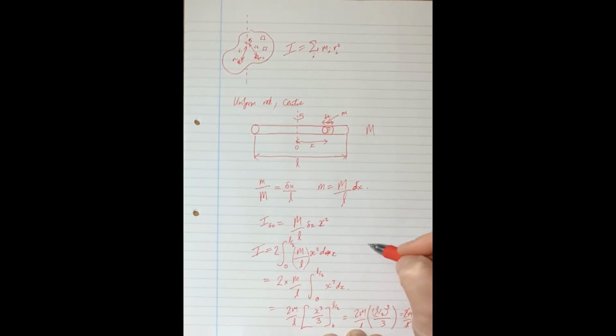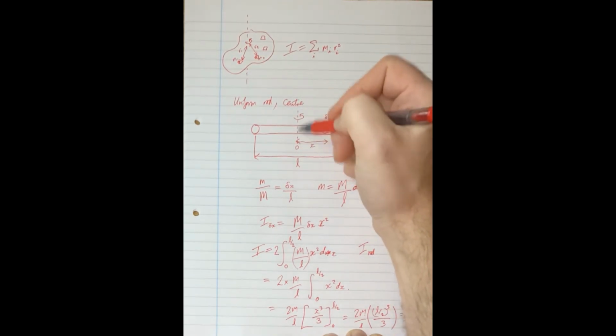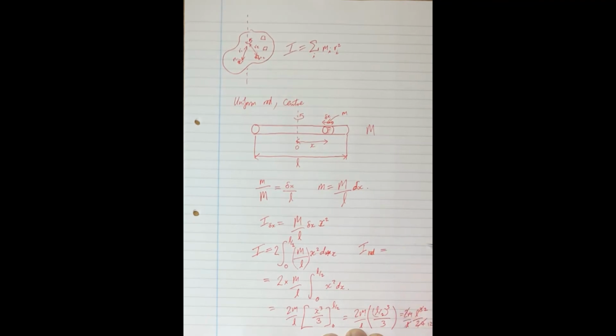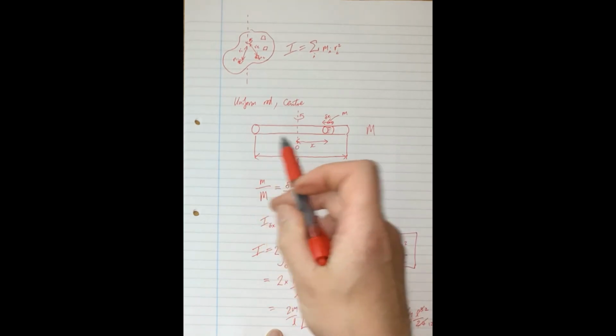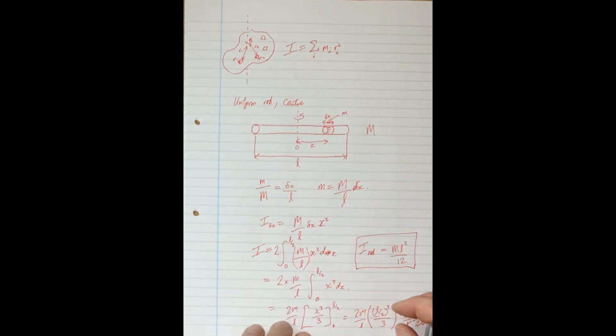And what we find is the moment of inertia for a rod that's rotating about its centre is equal to ML squared over 12. So it's the mass of the rod times the length squared divided by 12, and that's the moment of inertia for a uniform rod rotating about its centre.